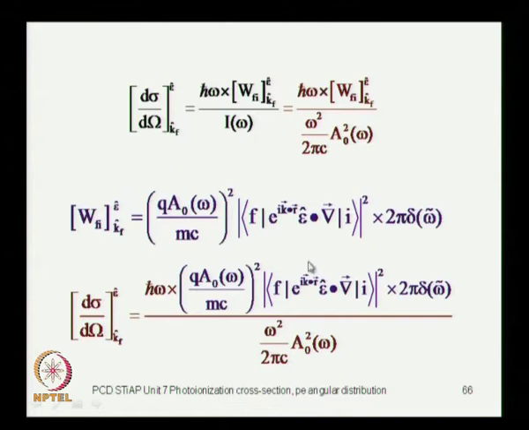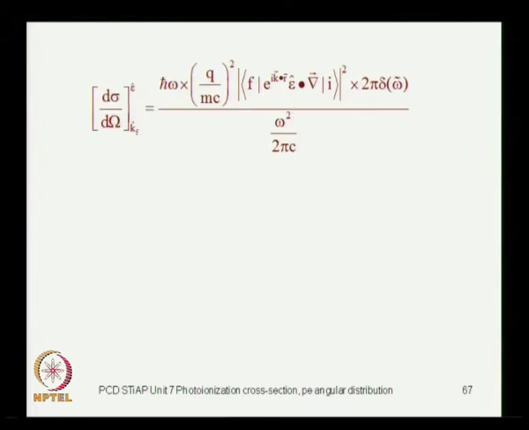So here we have inserted the expression for this transition rate in this expression for the differential cross section, and notice that there is the square of the amplitude of the intensity, the square of the amplitude of the electromagnetic wave, and you have it in both the numerator as well as the denominator. So these two terms will cancel each other, and the rest of the expression is what we have written over here.